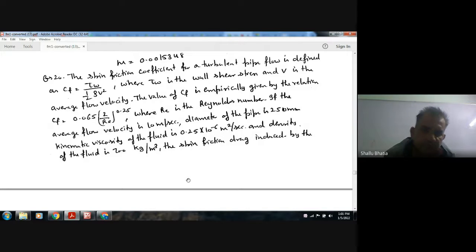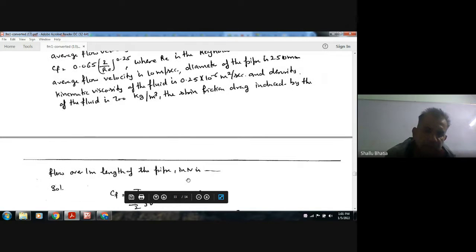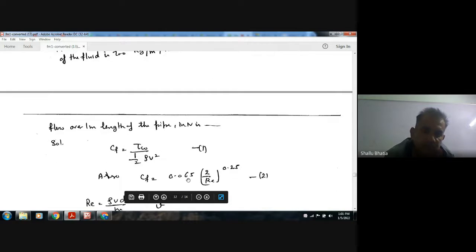The velocity is 10 meter per second, the diameter of the pipe is 250 mm, and the kinematic viscosity of the fluid is 0.25 into 10 to the power minus 6 meter square per second. The density of the fluid is 700 kilogram per meter cube. Find the skin friction drag induced by the flow over the length.